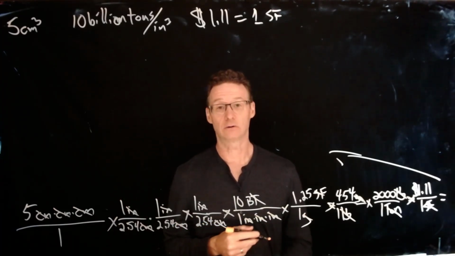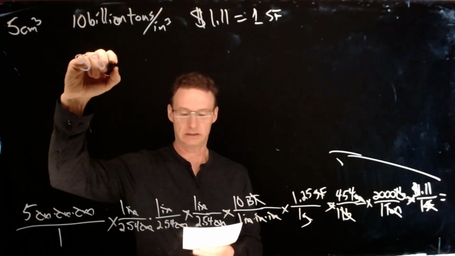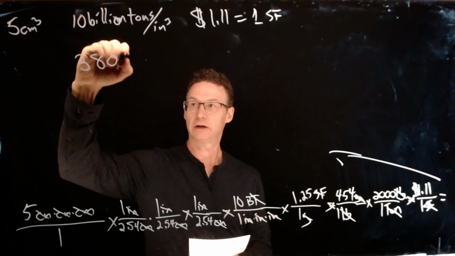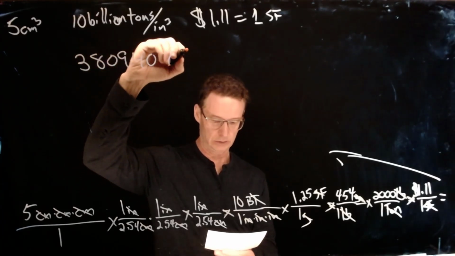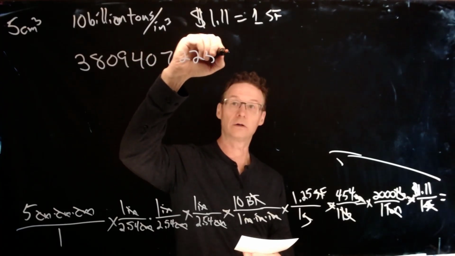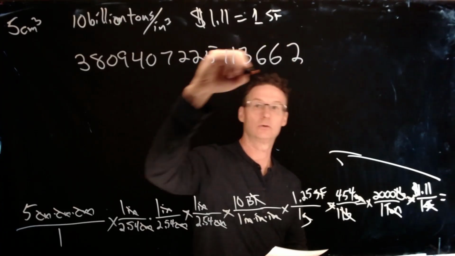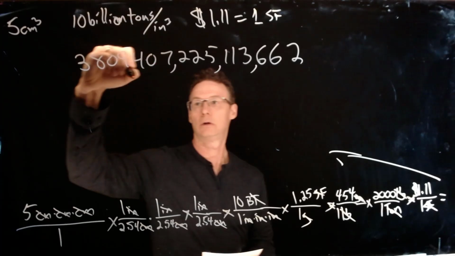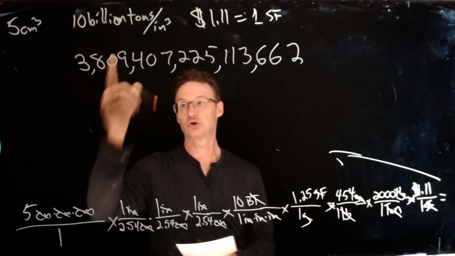When you do that out, ready? It is 3809407225113,662. So that's thousands, hundred thousands, millions, billions, trillions, quadrillions.